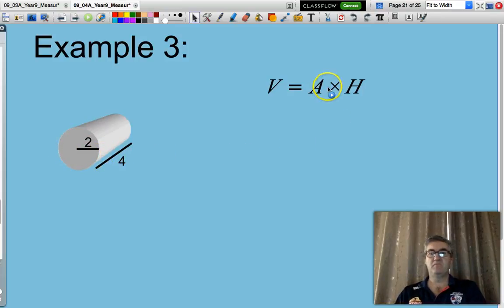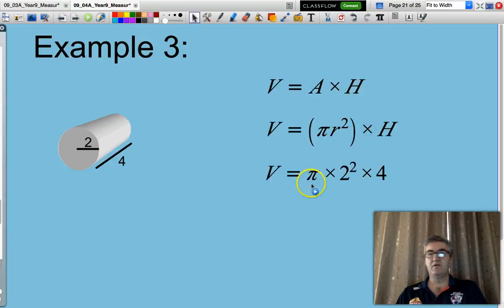So area of the circle is pi r squared, multiplied by the height of the cylinder. All I need to do now is substitute the numbers into the equation. Pi times 2 squared times 4. Well, there you have it. That is the volume of my cylinder.